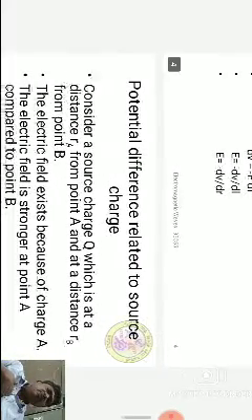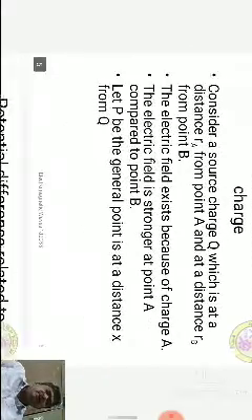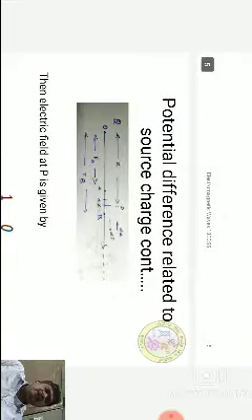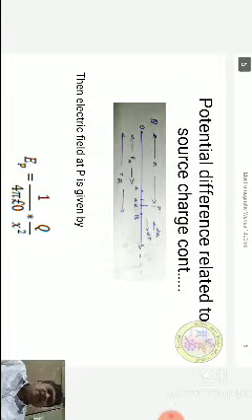So moving on to the potential difference related to the source charge. That means there is a charge. When we look into the diagram, there is a point Q, and the point Q is generating a charge Q. We have considered 2 different points A and B, and A is at a distance of RA.